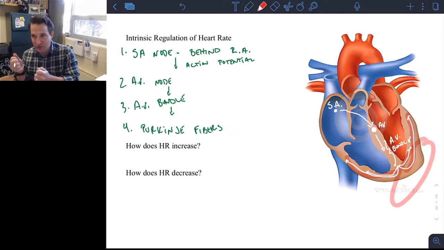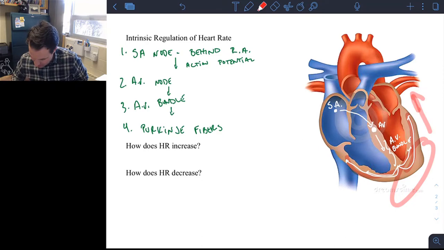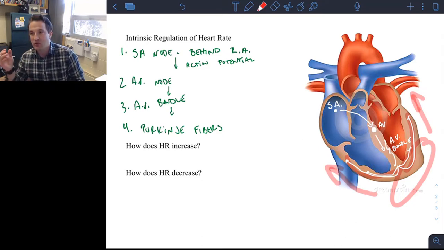So if you think of your tube of toothpaste, that action potential is going to start at the point and move its way in this direction. And just like squeezing out a tube of toothpaste, you're going to now be able to squeeze out the ventricles to enable you to eject blood out through the right and left ventricles. Okay, so the intrinsic regulation of heart rate starts with the movement of action potentials through these 4 different points.